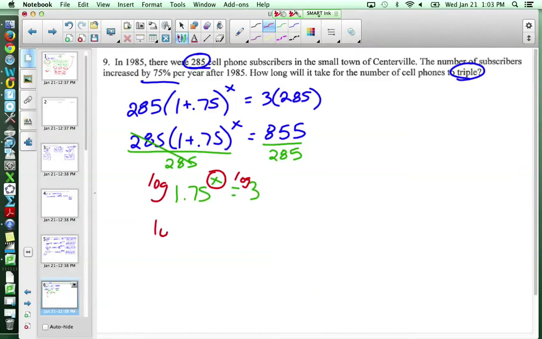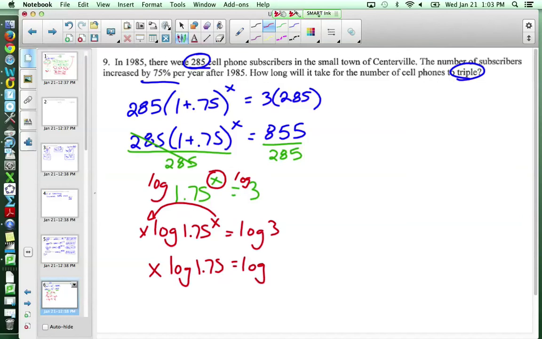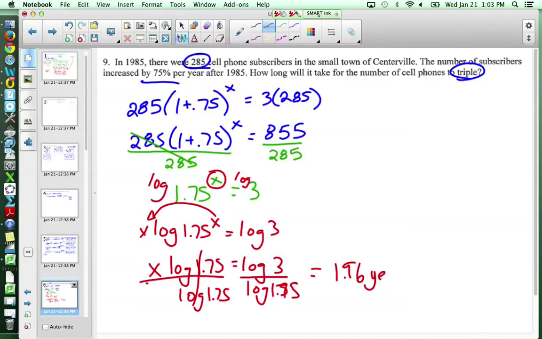So we have the log of 1.75 to the x equals the log of 3. Now we can swing this x out front. So we get x times the log of 1.75 is equal to the log of 3. Then to get x by itself, just divide by the log of 1.75. Those cancel. Type that right side into your calculator, and we should get 1.96 years.